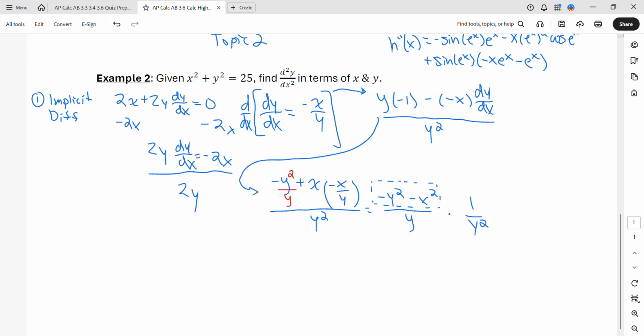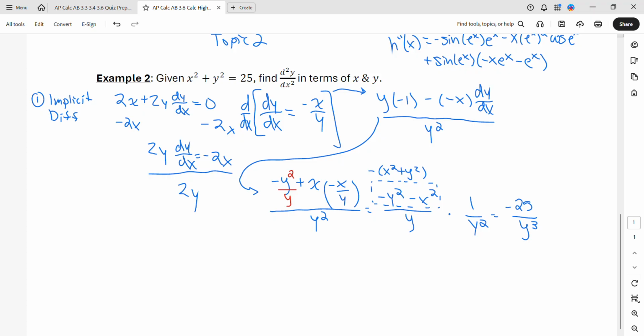Good, because negative y squared minus x squared is negative times x squared plus y squared. We are told that this equals 25. Oh my, wow, that came around.